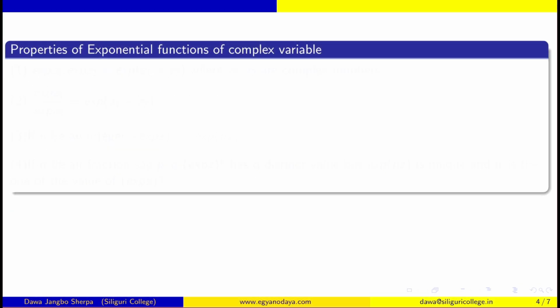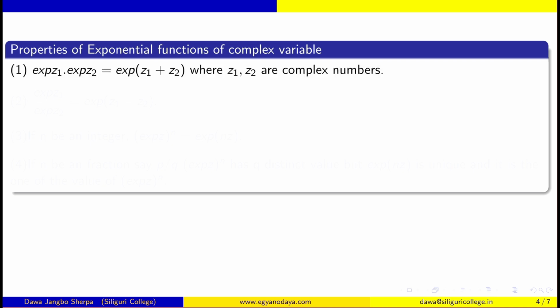Properties of the exponential function of a complex variable. Number 1: exp z1 into exp z2 is equal to exp of z1 plus z2, where z1 and z2 are complex numbers. This is similar to the case of real numbers.